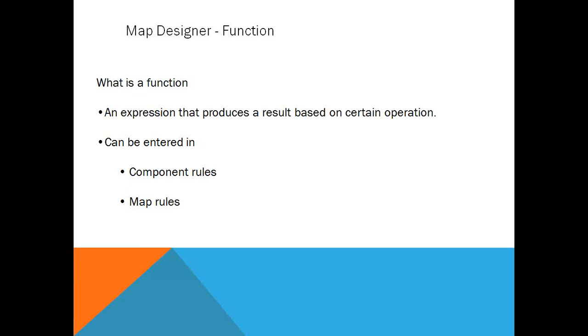Component rules are written in the Type Tree Designer, in type trees, whereas map rules are written in the map. While doing the mapping, we write the map rules, or we can write them at the component rules in the type tree. We will see how to write the component rule; even the type tree will have component rules. I'll show that.